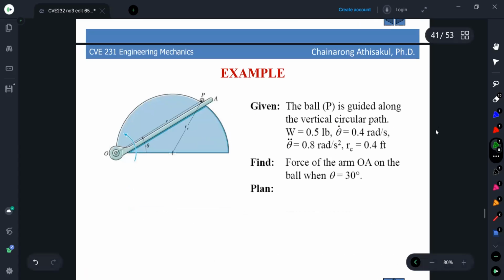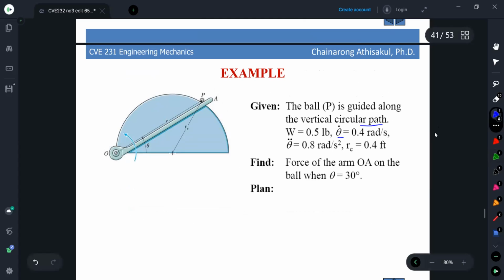So let's take a look at this example. The ball P is guided along the vertical circular path, and the weight of the ball is 0.5 pounds.